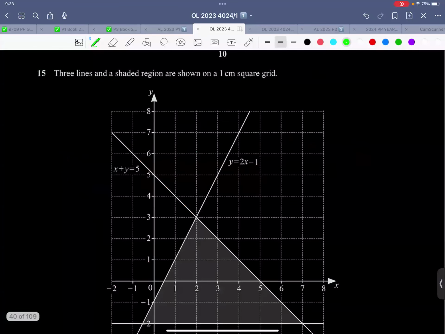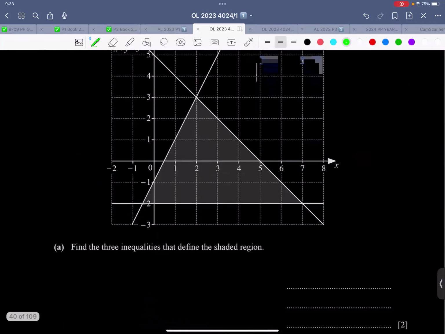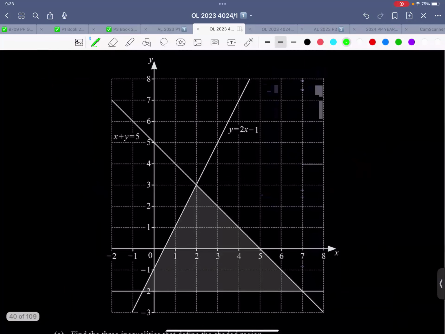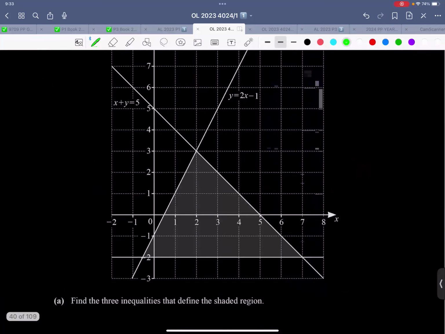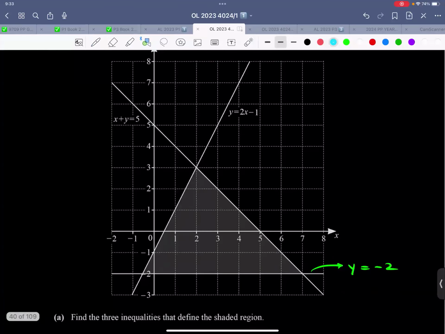Okay, question number 15. The three lines and a shaded region are shown on a 1 centimeter square grid. Find the three inequalities which define this region. First of all, this line has the equation y equals -2. This line has this equation y equals 2x minus 1. So let me just shade this line.